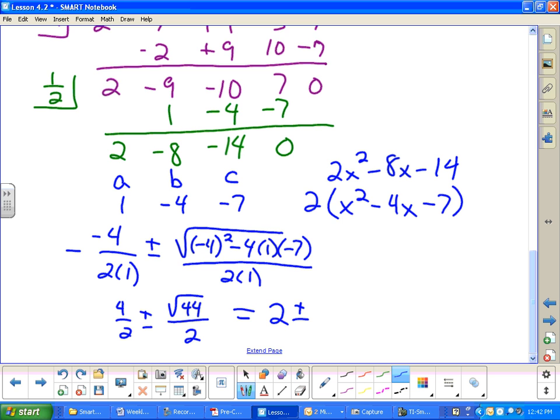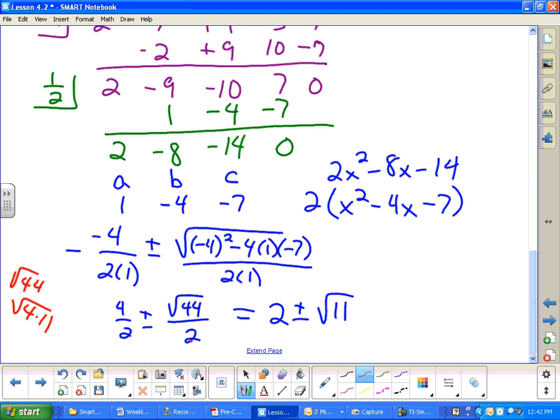Square root of 11. Good. Okay, reminder. Square root of 44. 4 times 11. Square root of 4 is 2. So that 2 and this 2 will cancel.